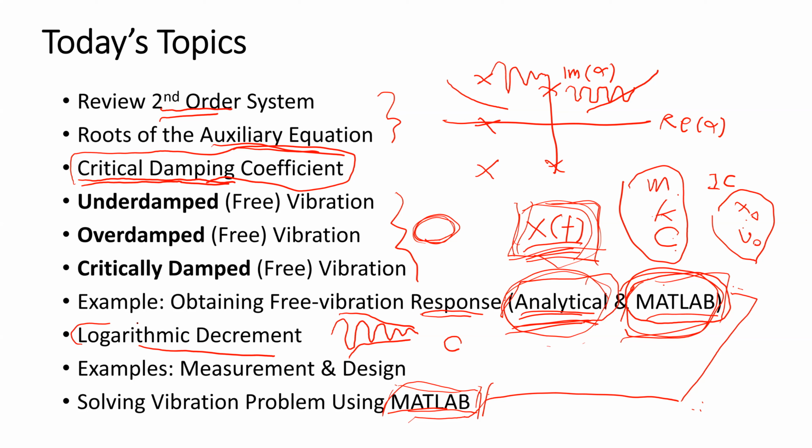So this parameter can tell us how fast the magnitude of the vibration decreases. If the vibration decreases its magnitude at a high rate, it means that our damper has a high value.